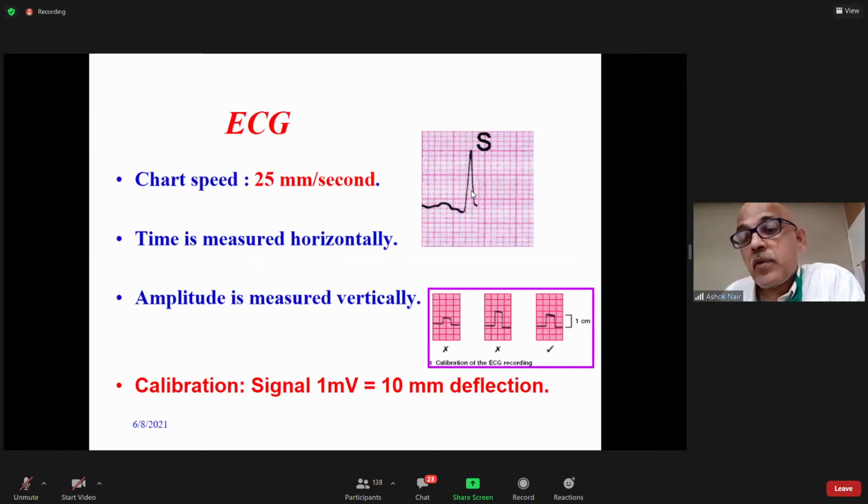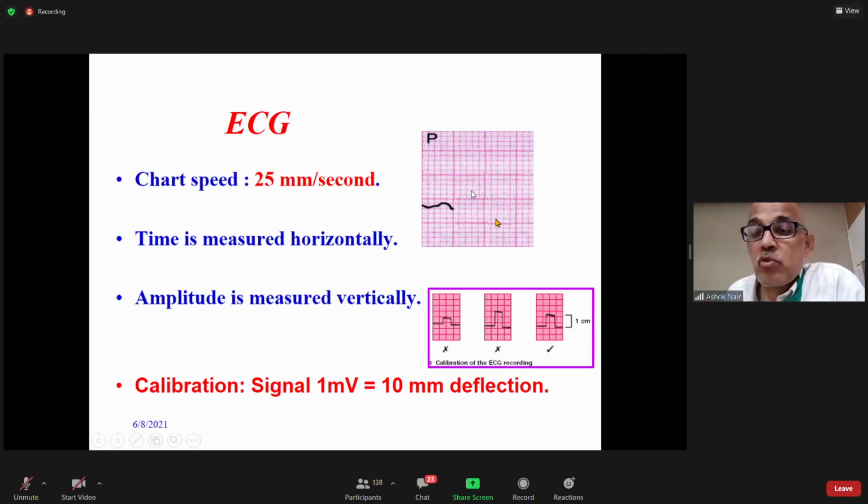The chart speed which is selected is 25 millimeter per second. Remember all this that I'm telling you. Time is the horizontal axis. Amplitude is the vertical axis. Normally, when we calibrate the instrument, we give a 1 millivolt signal, and it should give us a 10 millimeter deflection.